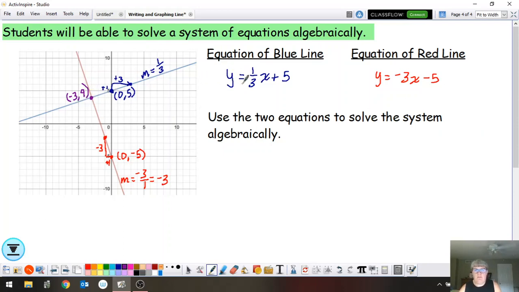So if the y is going to be the same, y equals 1/3 x plus 5, y equals -3x minus 5, what I'm going to do is set the 1/3 x plus 5 equal to the -3x minus 5 because both of those expressions equal y. So 1/3 x plus 5 equals -3x minus 5.